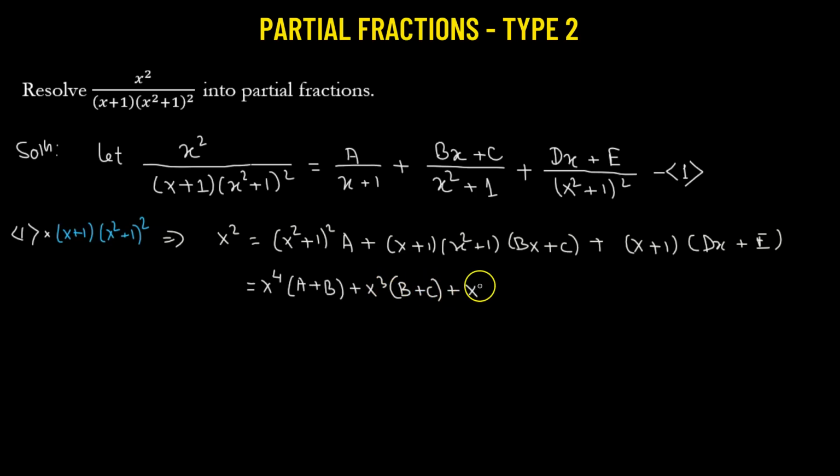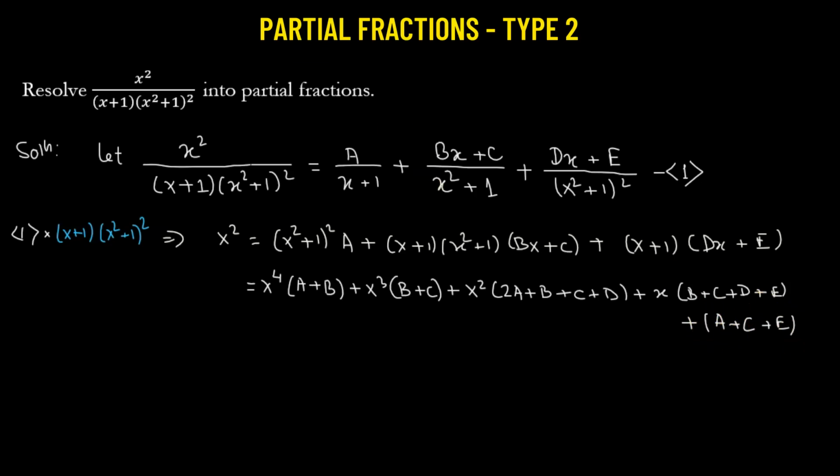Then we have x squared, whose coefficient will be 2a plus b plus c plus d. Then we have x with the coefficient b plus c plus d plus e. And then we have the constant term, which is a plus c plus e.